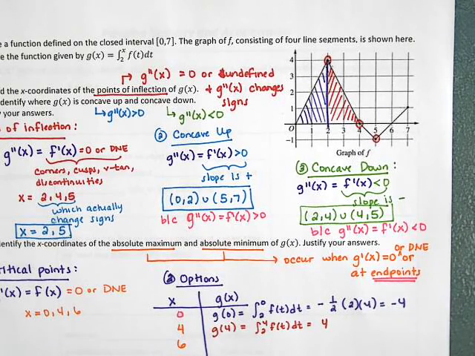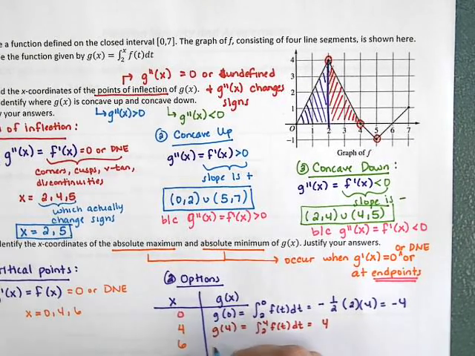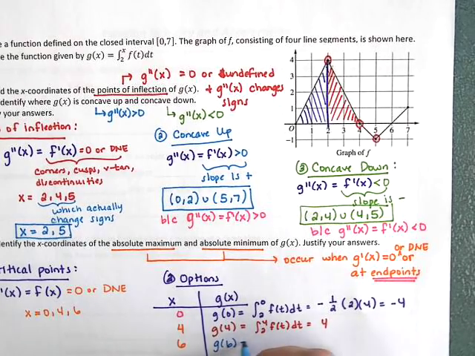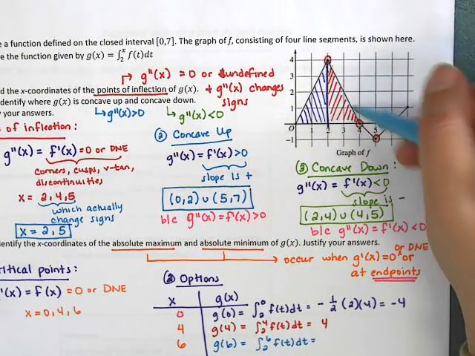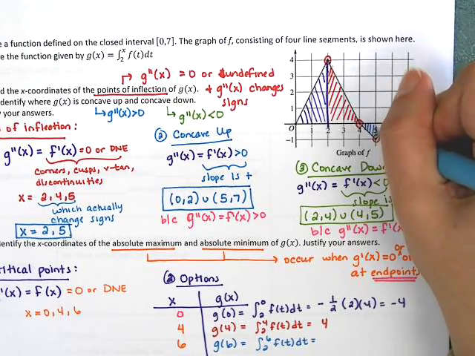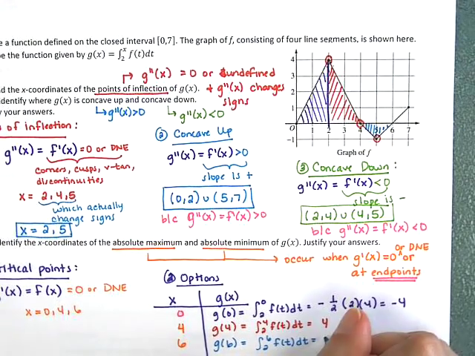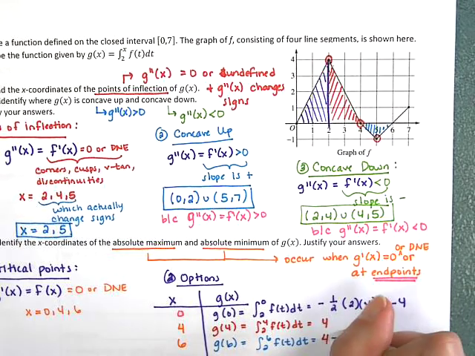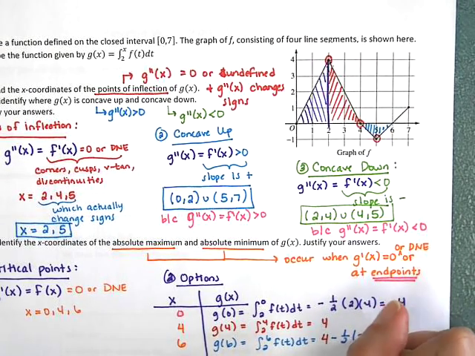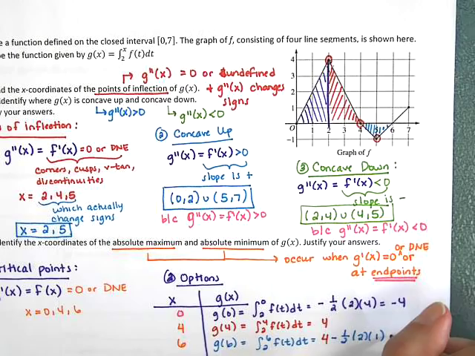To figure out what happens at 6, g of 6 would be the integral from 2 to 6 of f of t dt. Now to go from 2 to 6, I'm just going to take what happened at 4 and subtract this little triangle. So I'm going to have 4, which I already had, minus 1/2 times the base is 2 times the height is 1.